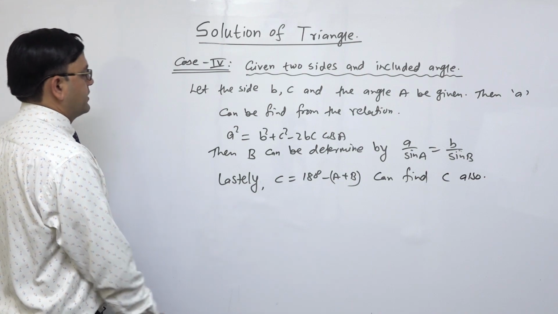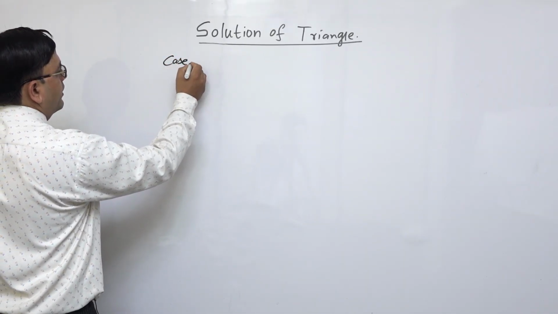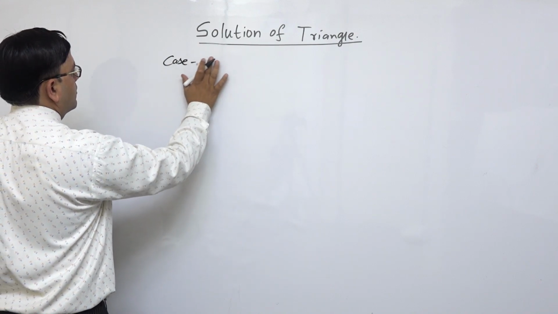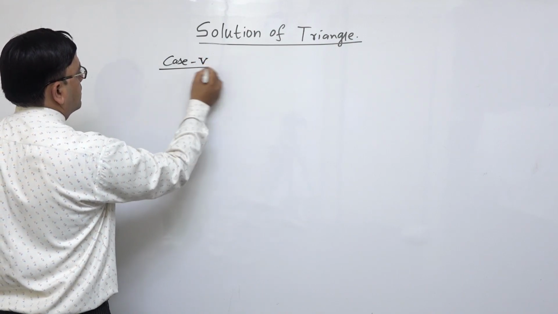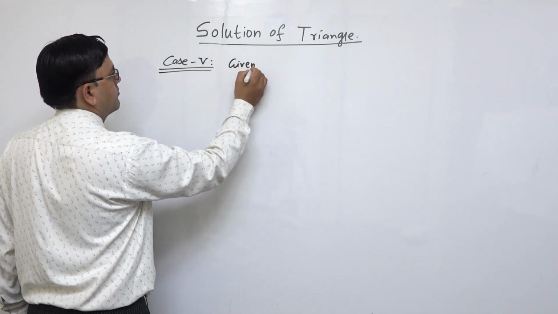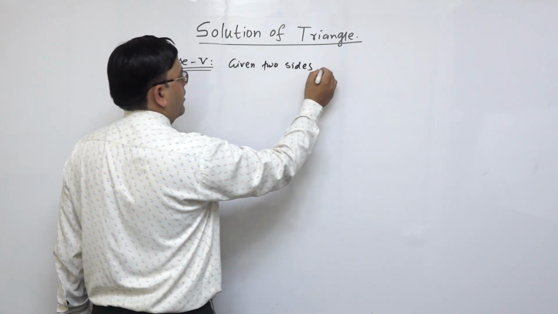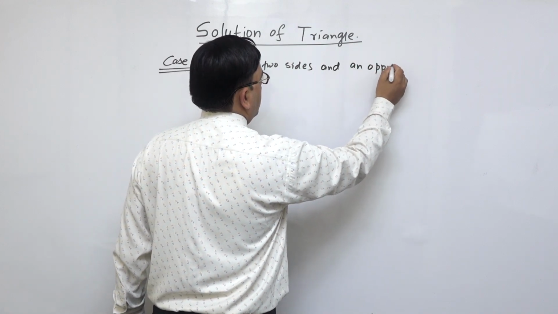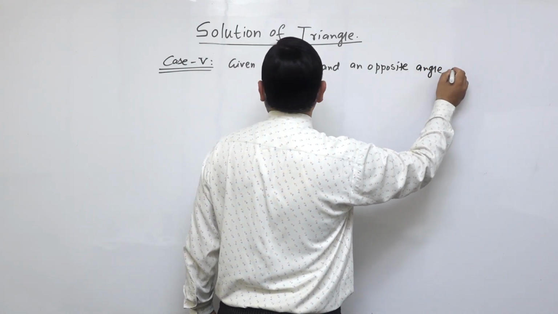Now we have the next case, case 5. We have given two sides and an opposite angle.